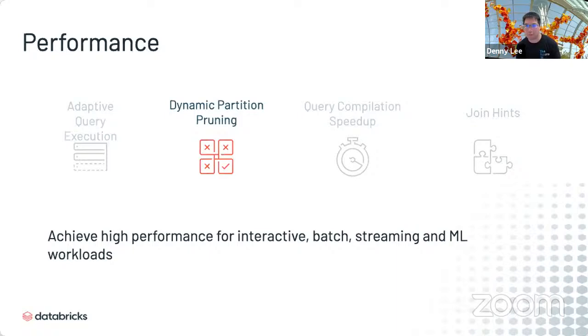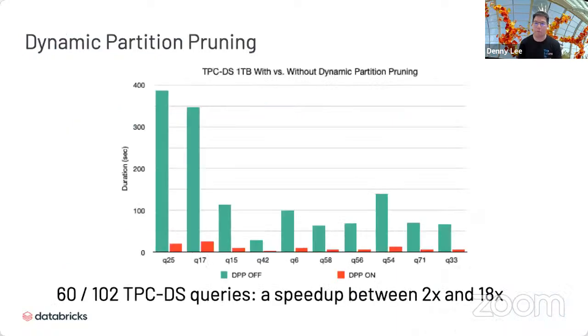Many astronomers probably don't have as many TPC-DS type queries, but nevertheless, the idea is that you can improve the query performance. And again, same idea. With dynamic partition pruning off, which is in green, and in red orange, it's with dynamic partition pruning on, lower is better. Basically, you have a speedup of anywhere between 2 to 18x faster.